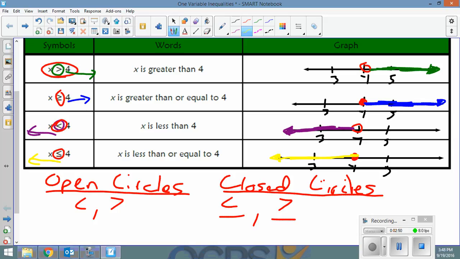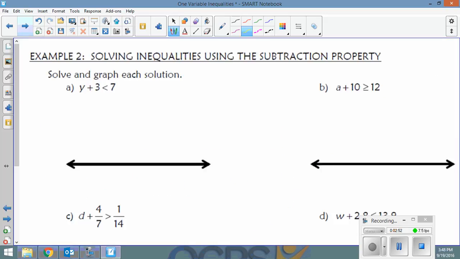Okay? So let's do some examples. When you're solving these, you're solving them just like equations. There's only a couple differences, and I'll explain those when we get to them. So on this one, it says y plus 3 is less than 7. So to move the 3, we're going to have to subtract 3. Whatever I do to one side, I'll have to do to the other. So our y comes down, and it's just going to be y is less than 4.